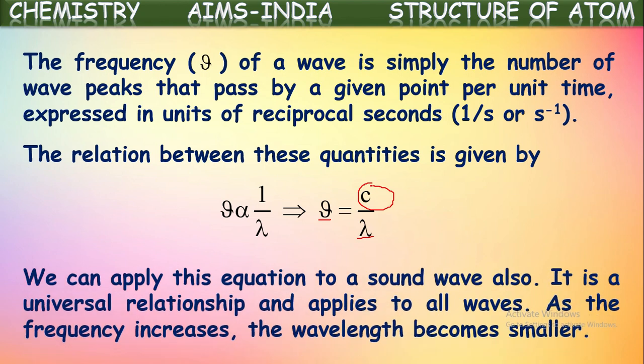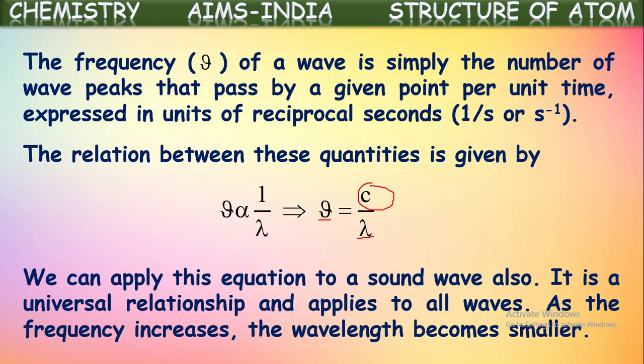Okay, we can apply this equation to a sound wave also. Not only for electromagnetic waves, we can apply this equation relating frequency and wavelength to even sound waves. It is a universal relationship and applies to all waves, not only sound waves, not only electromagnetic waves.